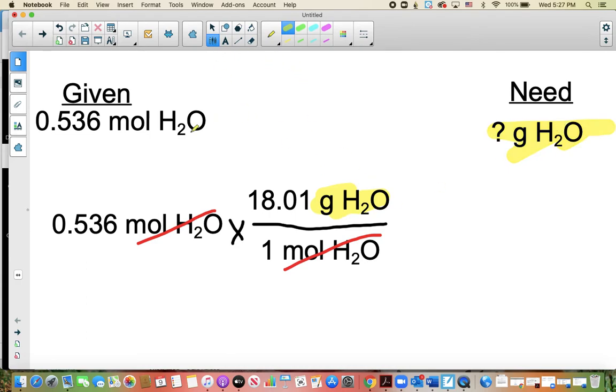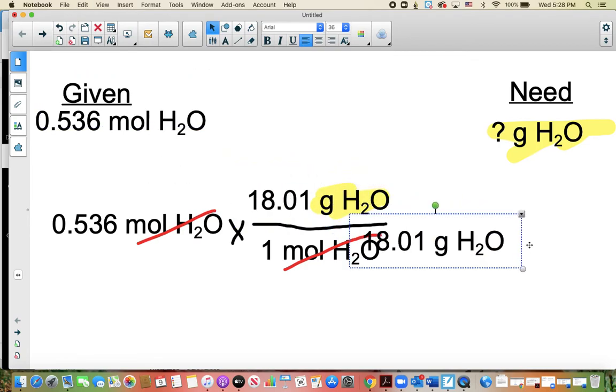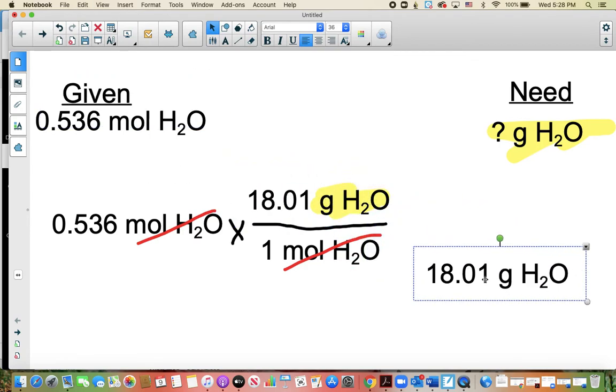I forgot to do my math ahead of time, so let me multiply it real quick. 0.536 times 18.01 is... So that tells me that my answer is going to be 9.65 grams of water.